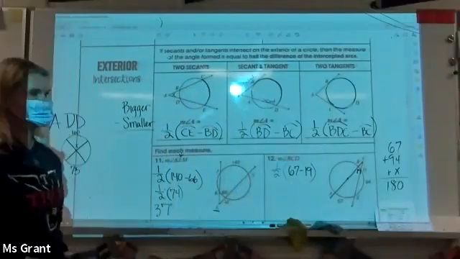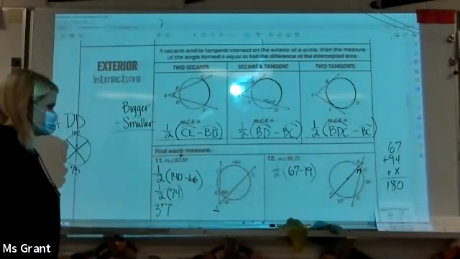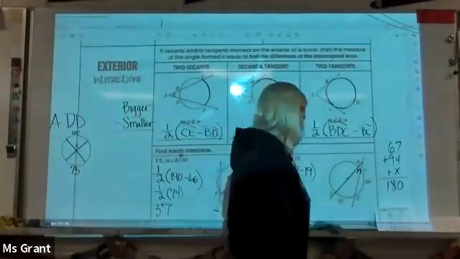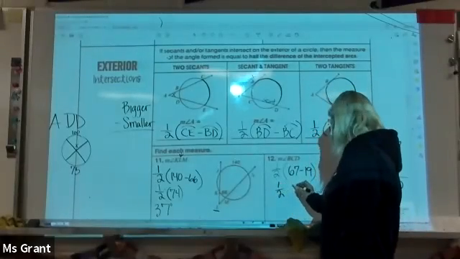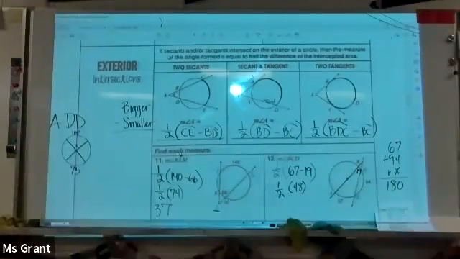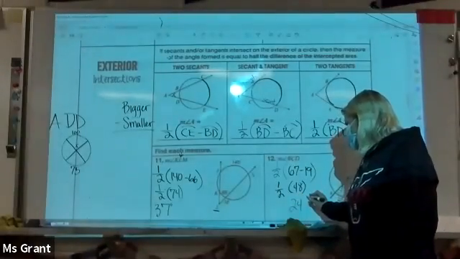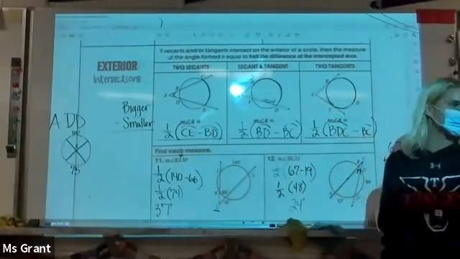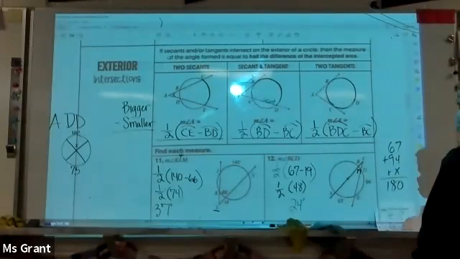So you do that first, 67, take away 19. Then, 1/2 of 48, right? 67 minus 19 is 48. And then I'm going to do 40 cut in half, 8 cut in half, but that's so easy, you should have that memorized, actually. 24 degrees.